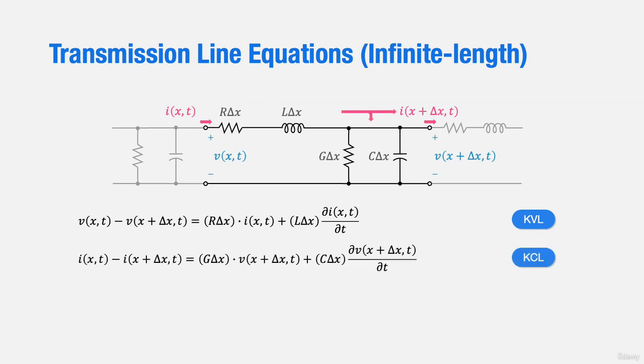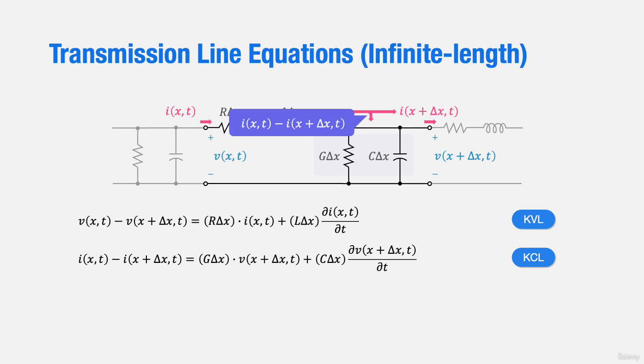When the input current I of x, t flows to the output junction, it will split into two currents. One current flows to the output I of x plus delta x, t, while the other current flows to the following conductance G times delta x and capacitance C times delta x.